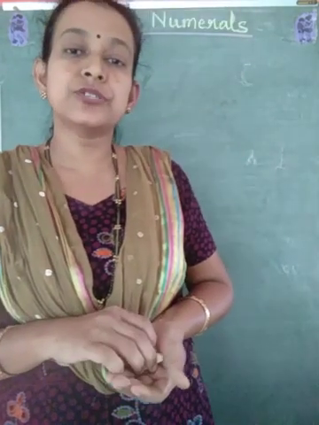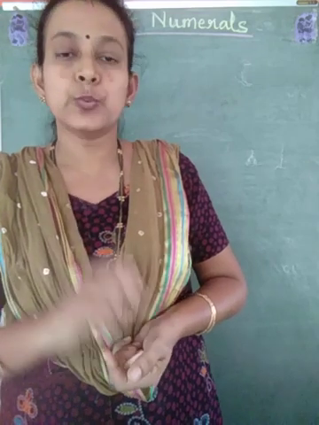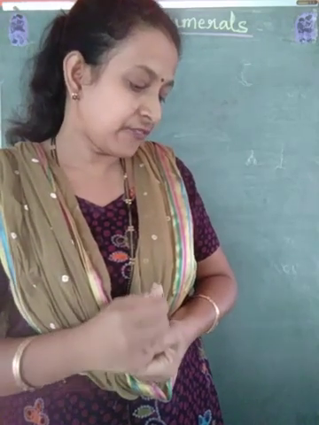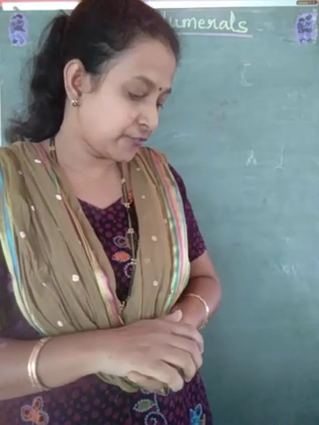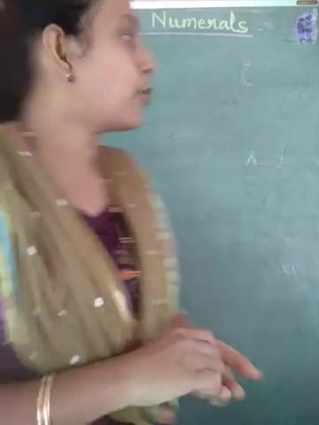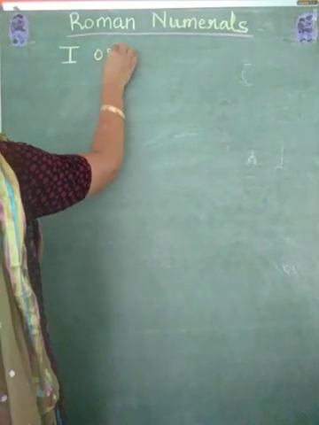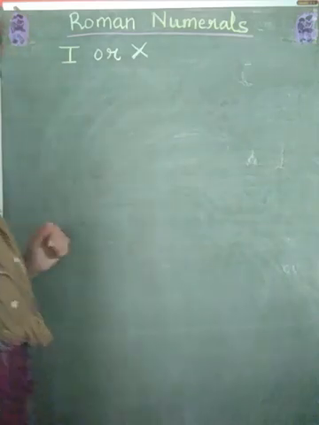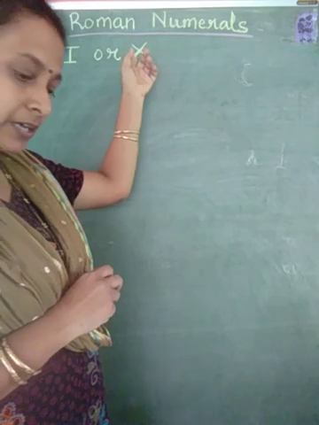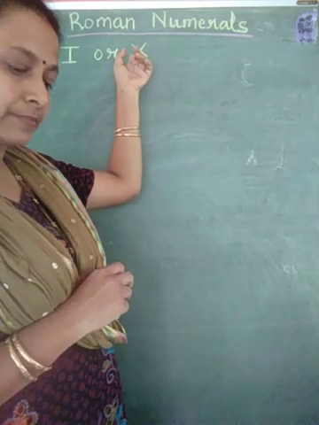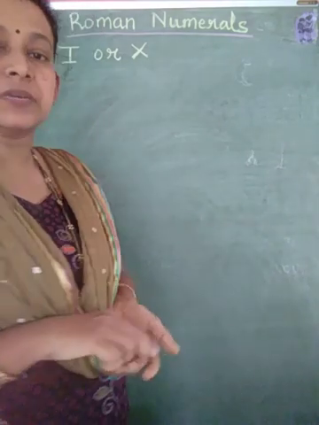Now, what are the rules of writing? In your textbook, if you look carefully, the first rule says that if either of the symbols I or X are written consecutively 2 or 3 times, their sum total will be the number they make.